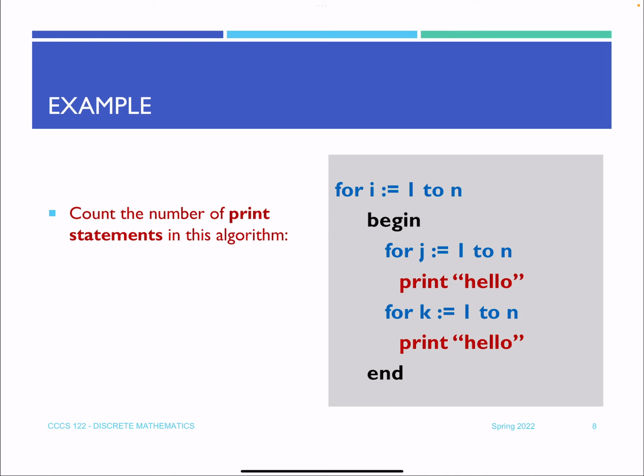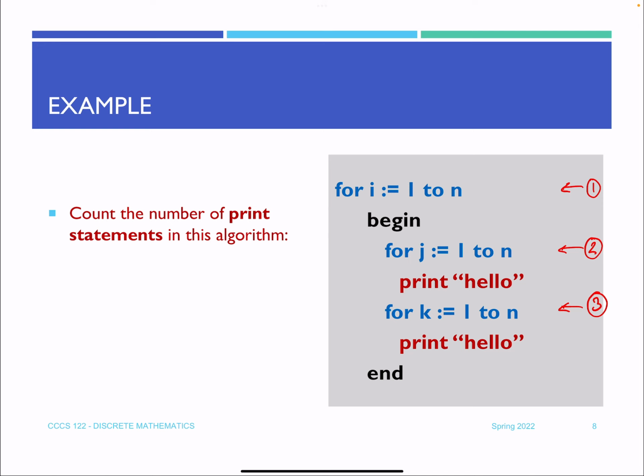And here's another example. We have some very simple looking code. It has an outer for loop. Inside it, we have two for loops, one following the other. So they are inside the first for loop, but they follow one after the other inside the outer for loop. So loop 2 completes, then loop 3 begins.